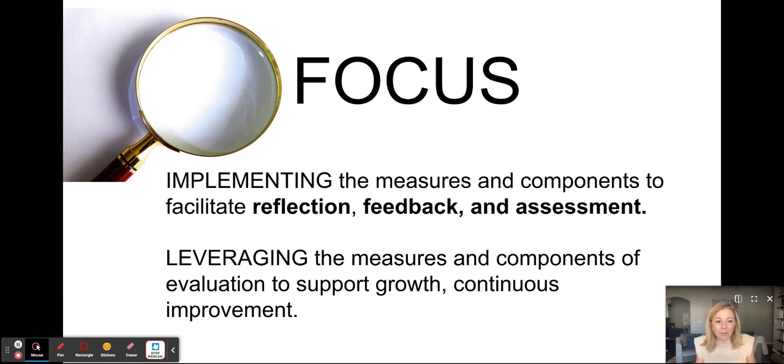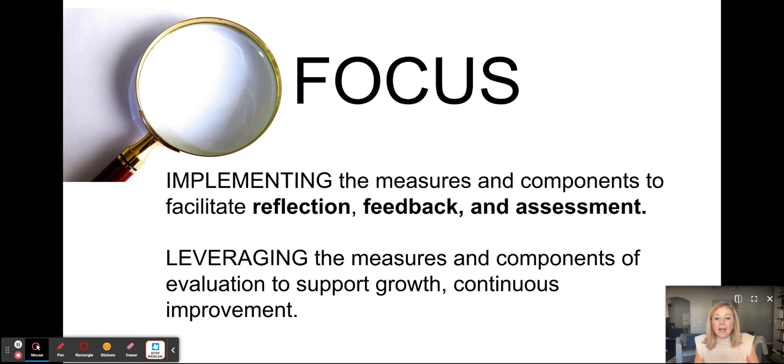So we want to think about how these different components facilitate the opportunity for teacher and evaluator to reflect, provide and receive feedback, and to assess summatively at some points where we are in relationship to where we want or need to be.